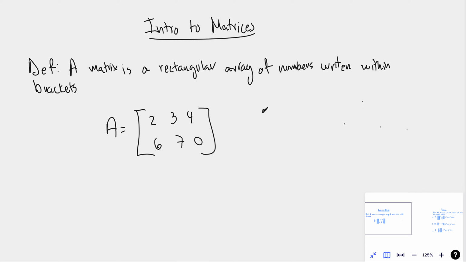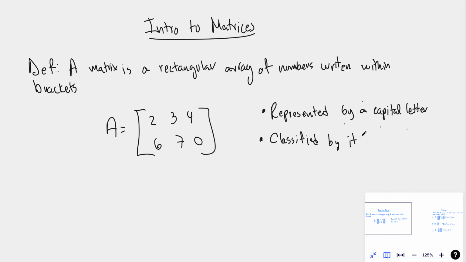I want to mention a couple of things. The first thing is that a matrix is represented by a capital letter, and the second thing is that it's classified by its dimension.